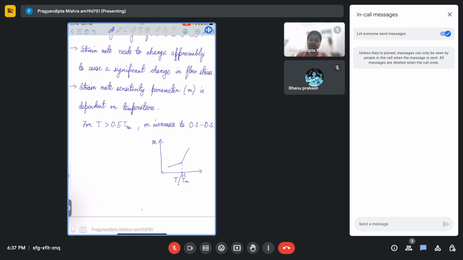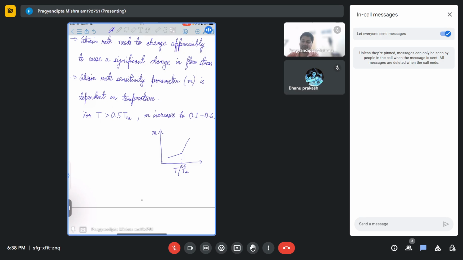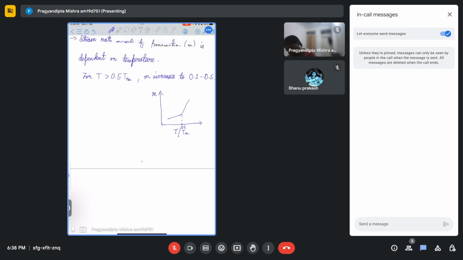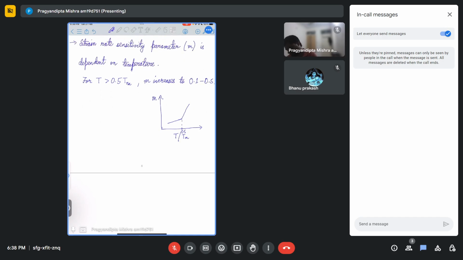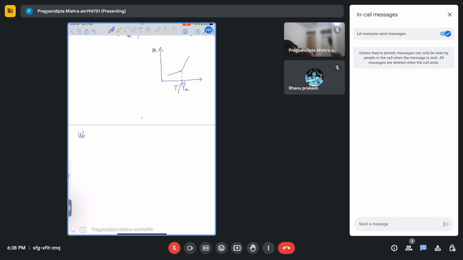Now there is a very important significance for this value of M. What happens if the value of M becomes very large? We'll come back to that. But before that, let's see how we can measure this value of M. Ways to measure M value.